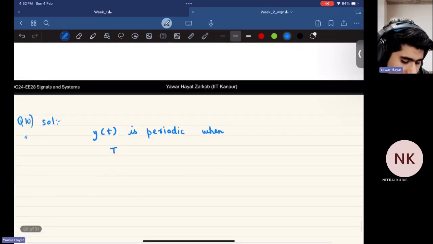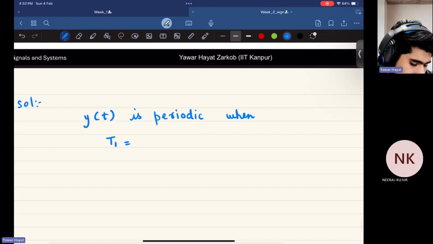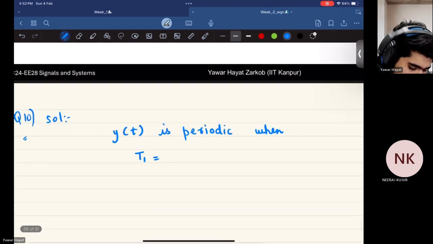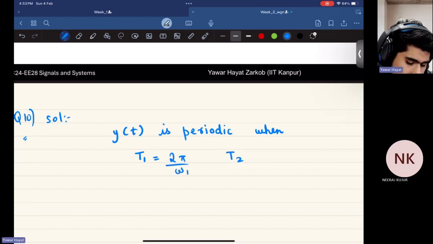If that is the case, then what is T1? T1 would be 2 pi by omega 1. Similarly, T2 would be 2 pi by omega 2.